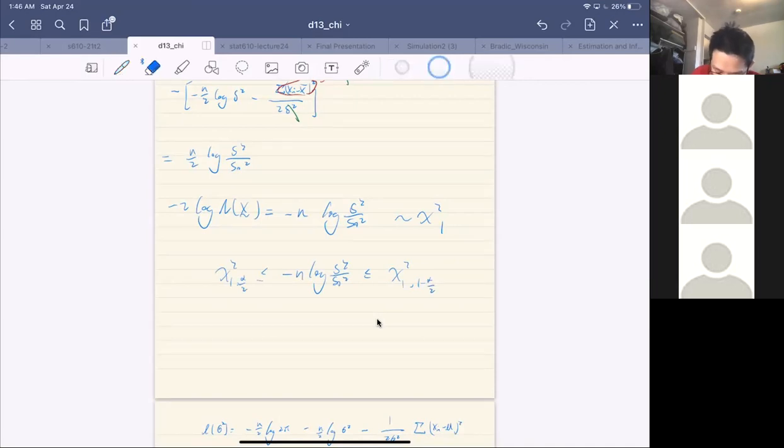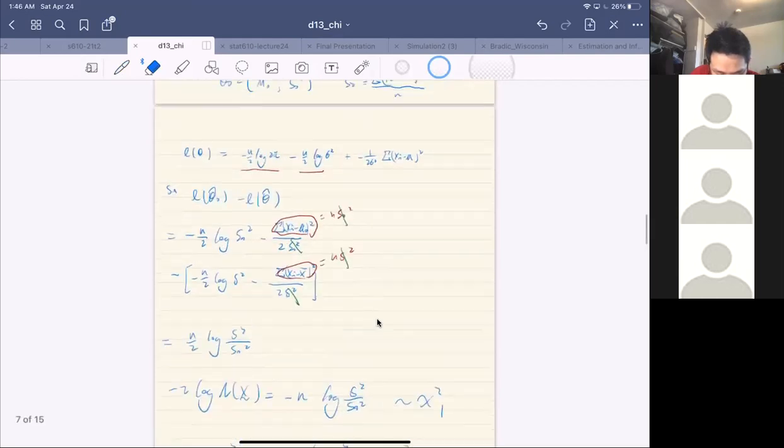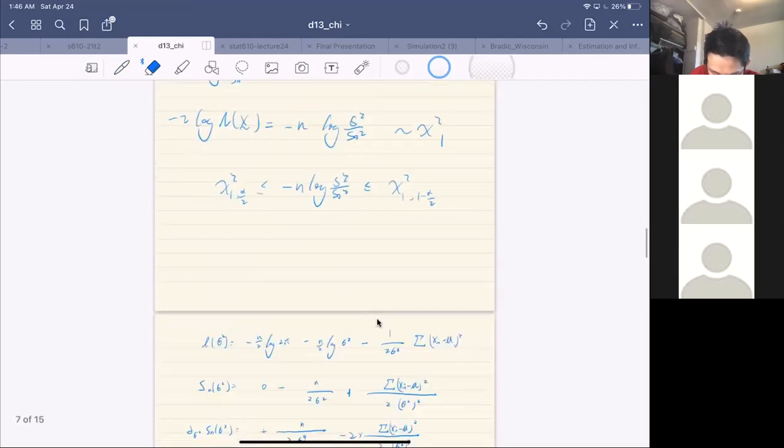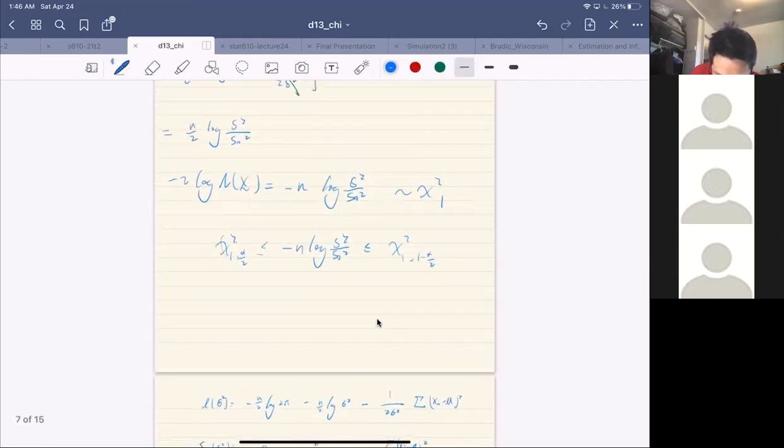Sorry, usually we tend to reject if this is large, so the set region will be like, look at this. So this is a set region, and we consider all the mu naught that satisfy this, so this is computable.